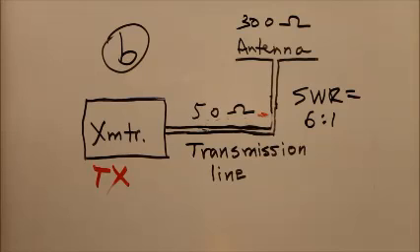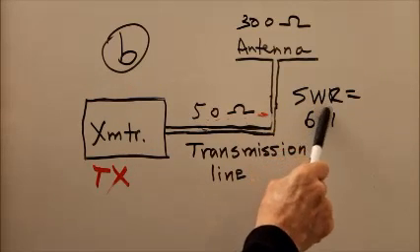And by true power, what we mean to say is that that loss will actually represent power that never gets out into the airwaves. It's not imaginary power, it's not reactive, it is true power, and it happens for two reasons.